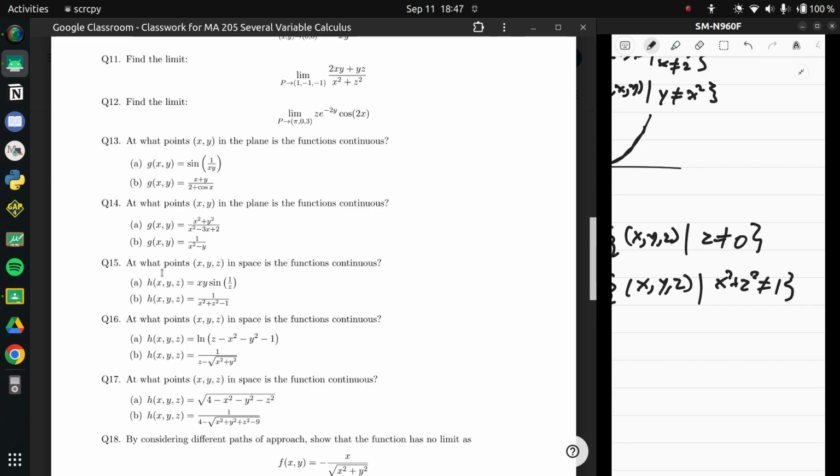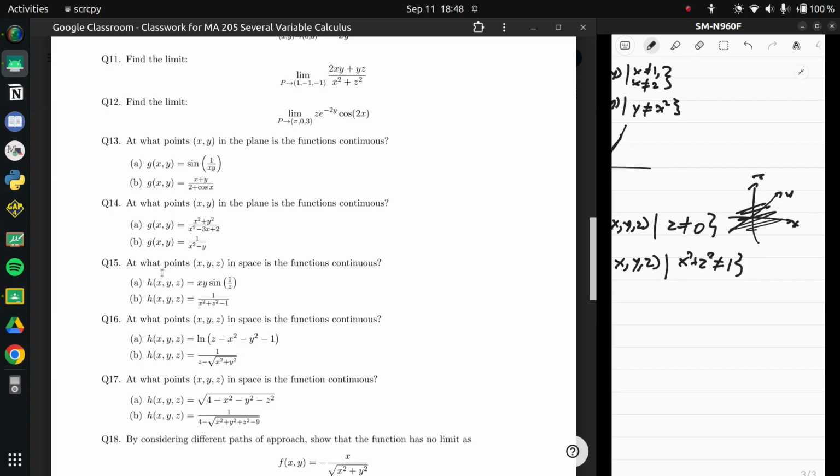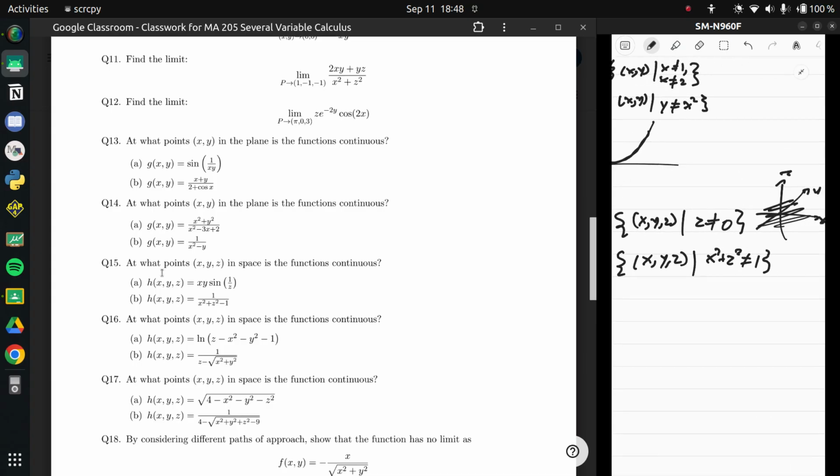The spaces where this is discontinuous, you can graph them. Maybe that's the point. Over here, this would be z not equal to 0. So when z is equal to 0, just the xy plane, which is this whole plane. It's discontinuous there. But here it says x square plus z square equal to 1, so it's some sort of a circle in your xz plane, or I should say cylinder.